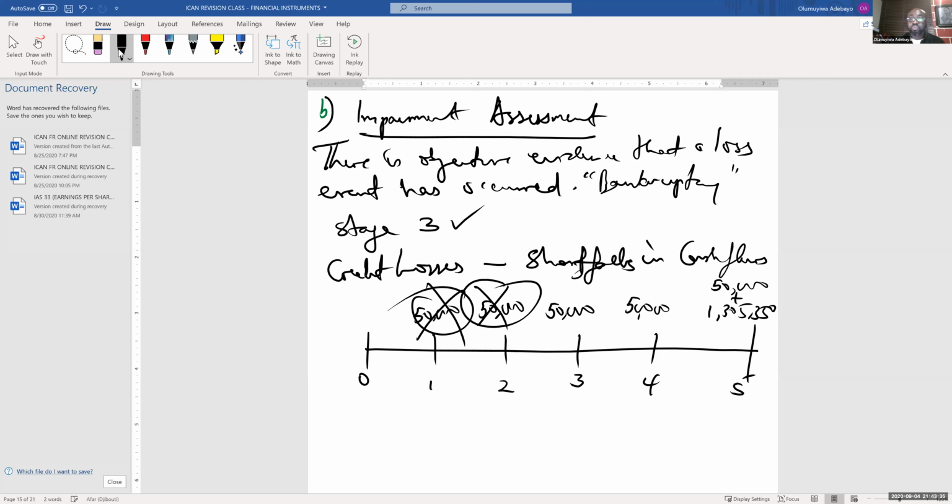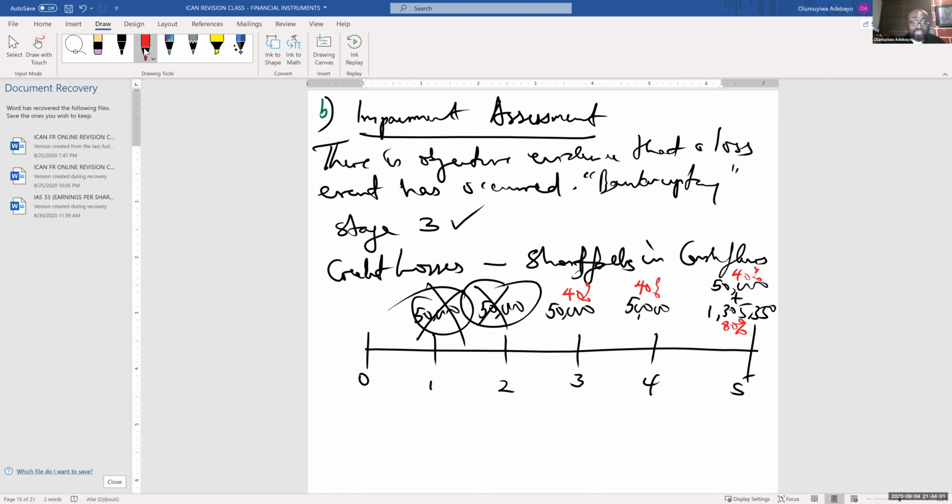Now, we are told that based on the condition that existed on 31st of March, 2019, only 40% of this we can salvage, and 80% of this we can salvage.